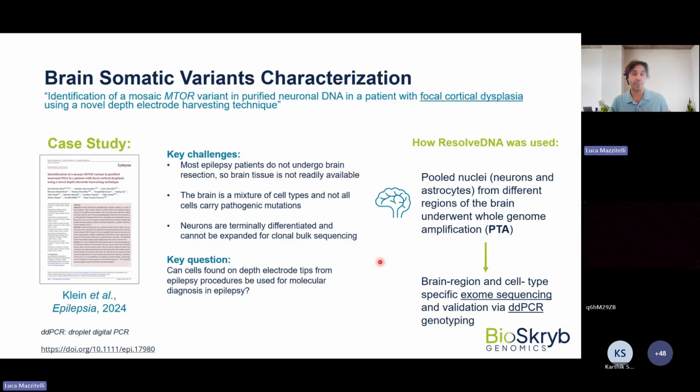They were amplifying and enriching for the exome, but also the amplified genome was used as a PCR input for a digital PCR approach to genotype some specific variants, in this case of the mTOR gene, that is linked to focal cortical dysplasia.